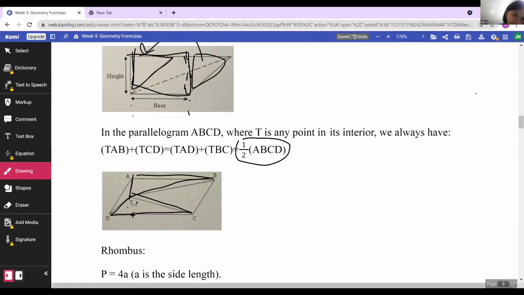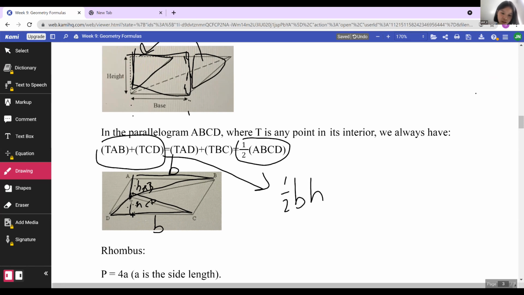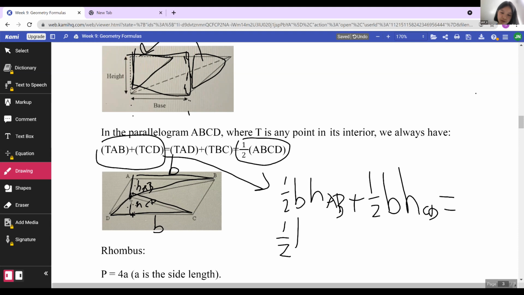Let's call AB and CD the bases, which must be the same length since it's a parallelogram. And then this will be the height to AB and the height to CD. The sum of these areas is equal to 1/2 times b times h_AB plus 1/2 times b times h_CD, which by using the distributive property is this expression.